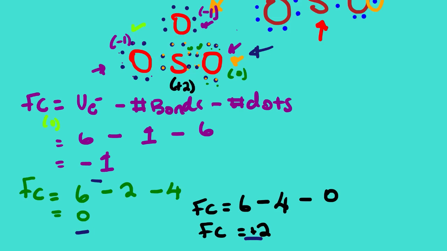Now we can rearrange the Lewis dot diagram again. We can take this lone pair of electrons and bond them here, and for this one we take this pair of electrons and bond them here. That will result in something like this.